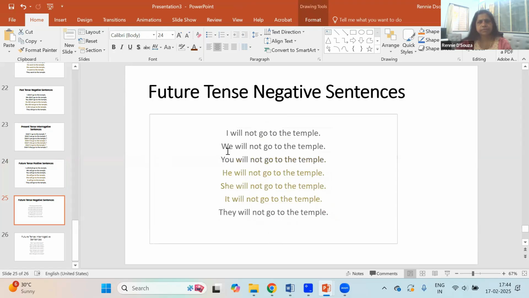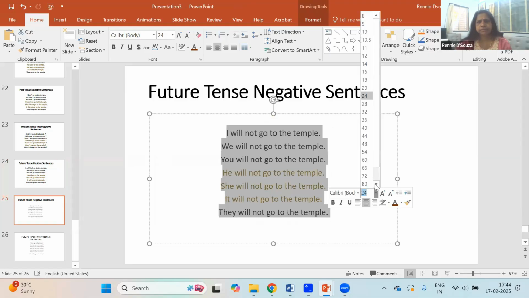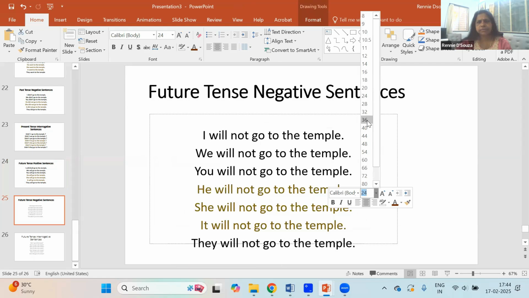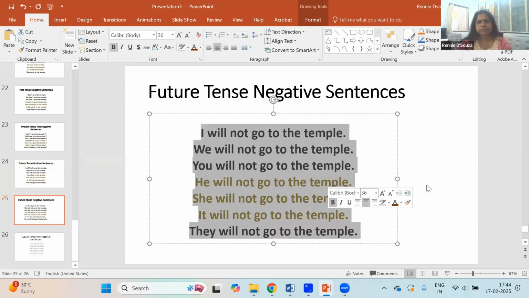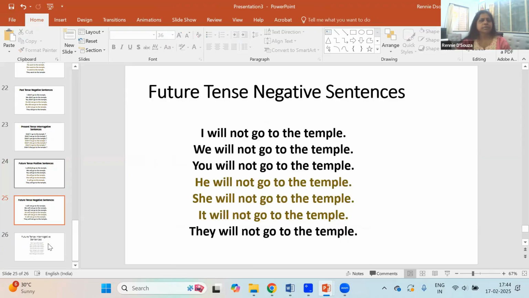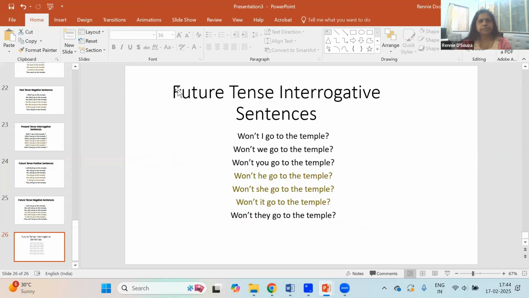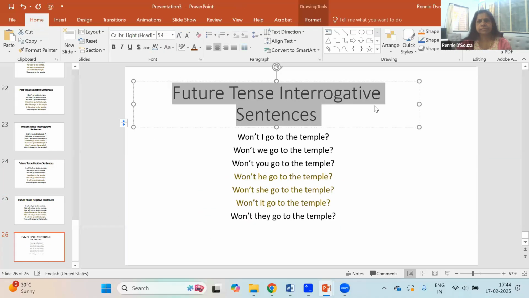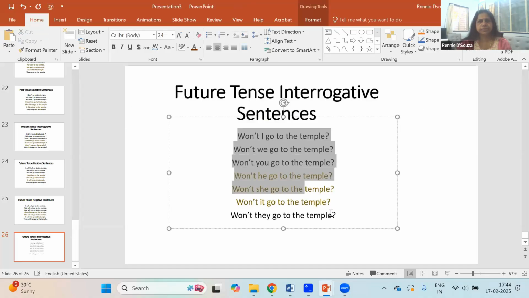And what about the negative? Will is future and not is negative. Simple, right? So will not. I will not go to the temple. We will not go to the temple. You will not go to the temple. He will not go to the temple. Right?